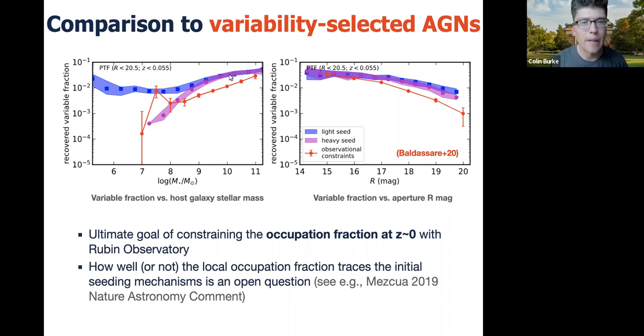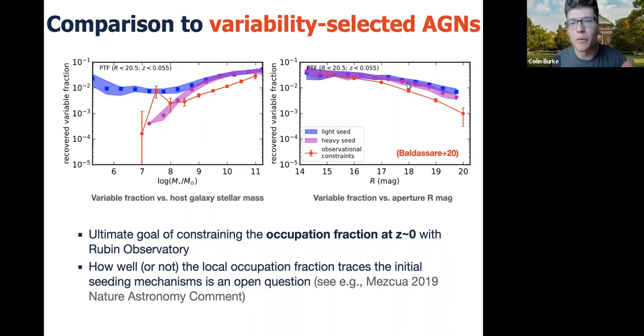And what we see is that our model, using the 2 different optimistic and pessimistic scenarios, produces roughly the right variable fraction of galaxies. But the current observational constraints don't have enough statistical power to really rule out one or the other, to say which occupation fraction or galaxy stellar mass function is appropriate.